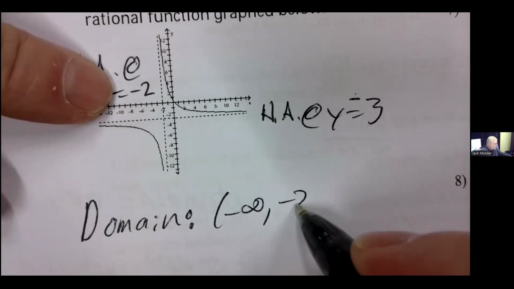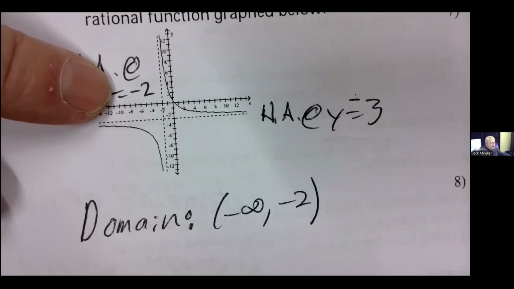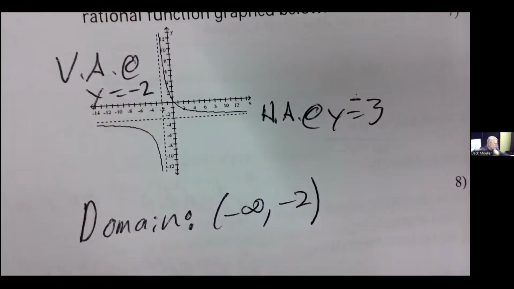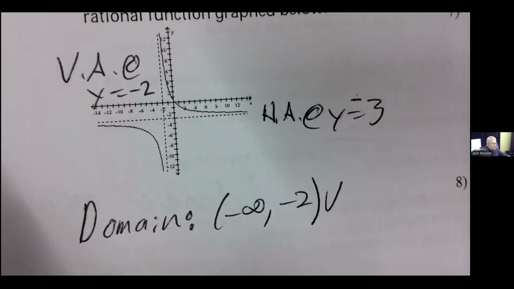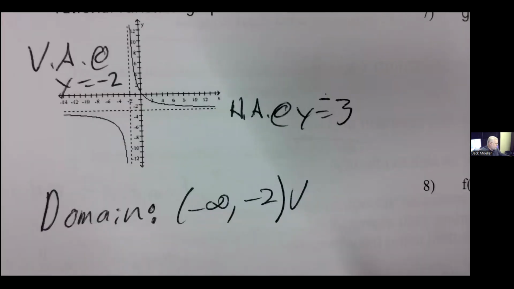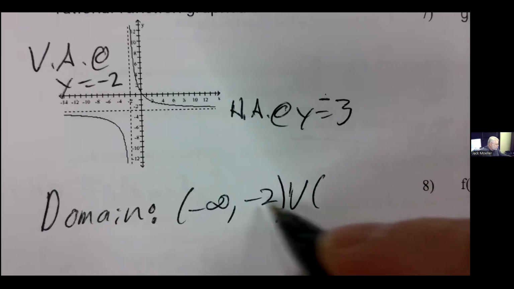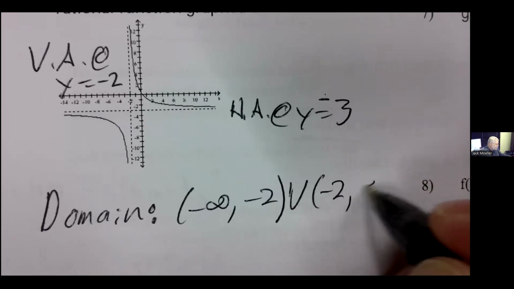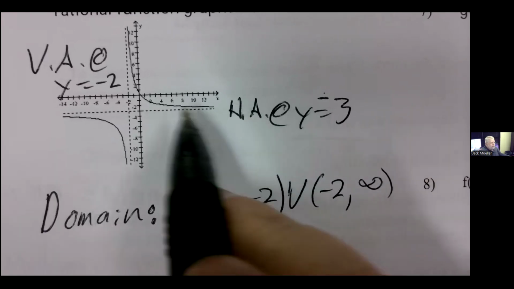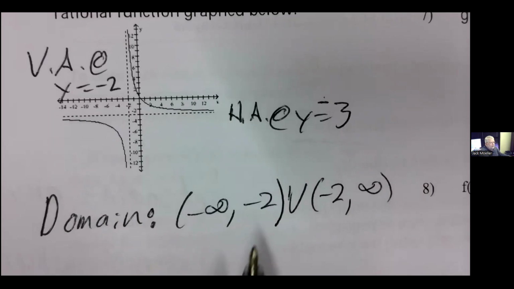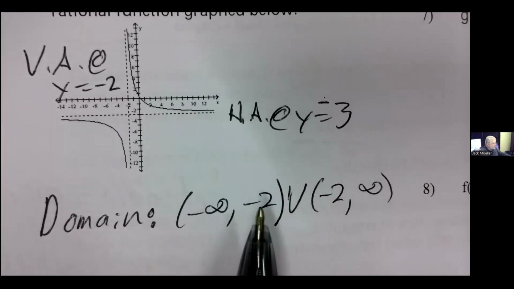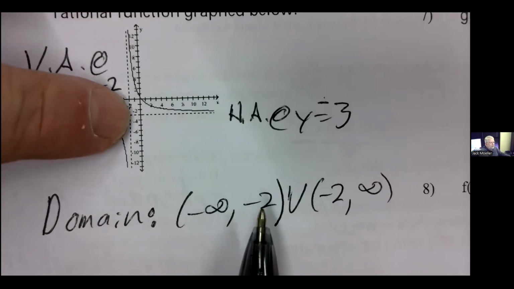Goes up to negative 2, put a parenthesis, because we can't equal negative 2, that's why we have the vertical asymptote. And then union, or possibly a comma in MyMathLab. And then it starts over at negative 2 and goes to positive infinity because it goes forever to the right. So we're saying our domain is every number except negative 2, where we have that vertical asymptote.